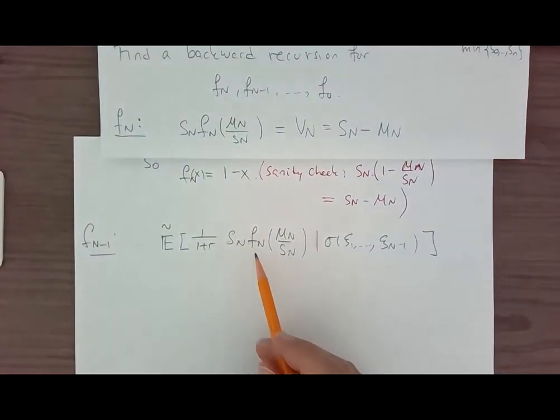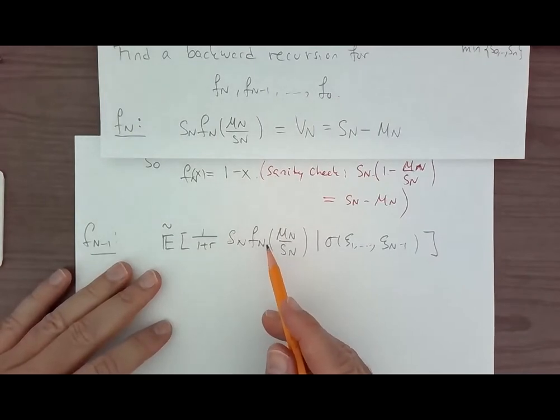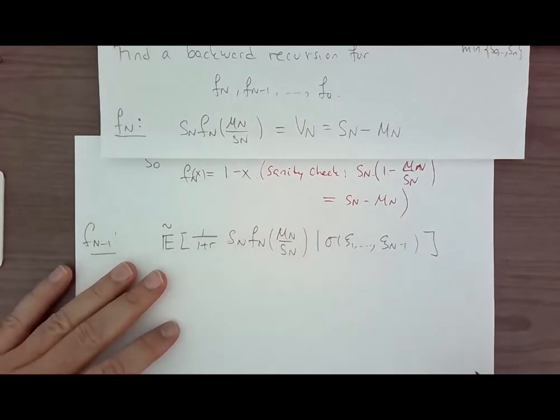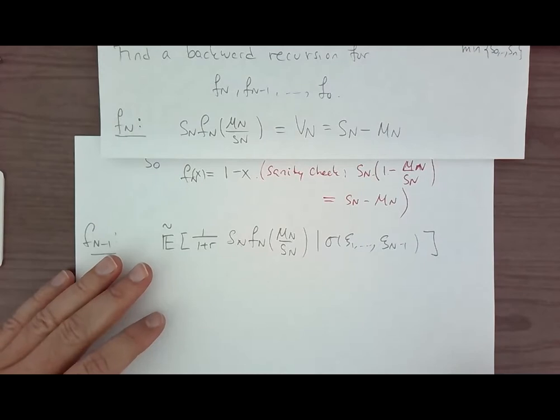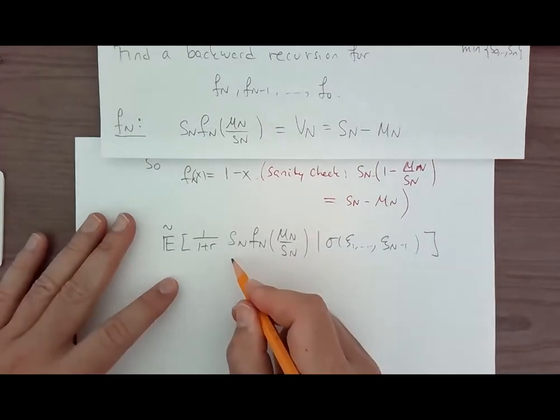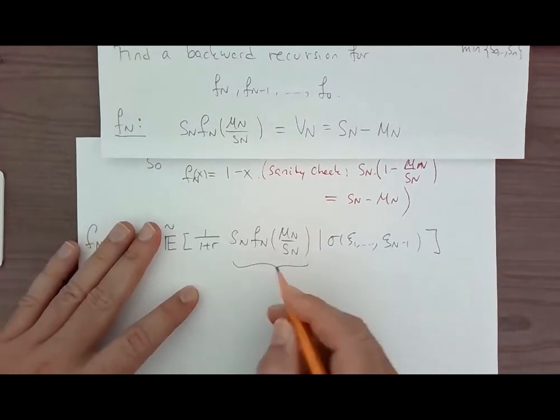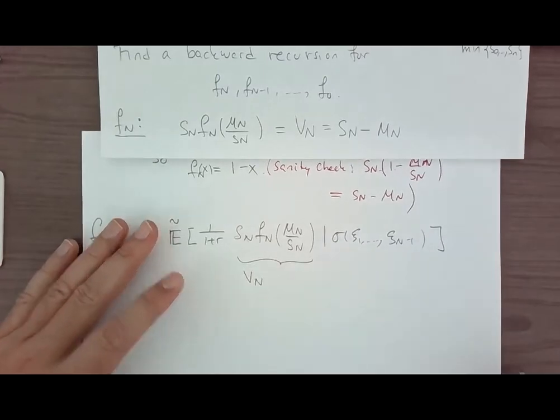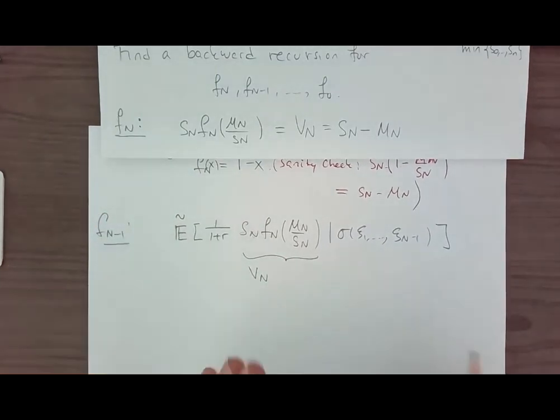This is the payoff, this here is my Vn. So we take the payoff and roll it back one period.